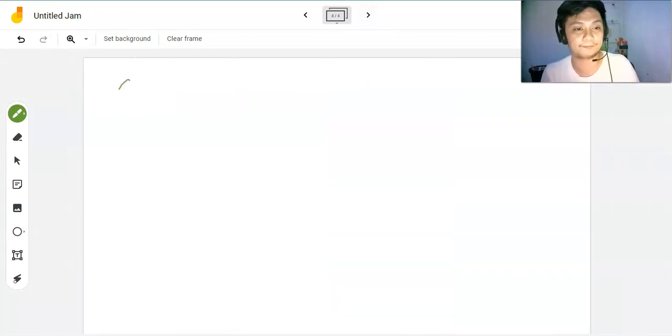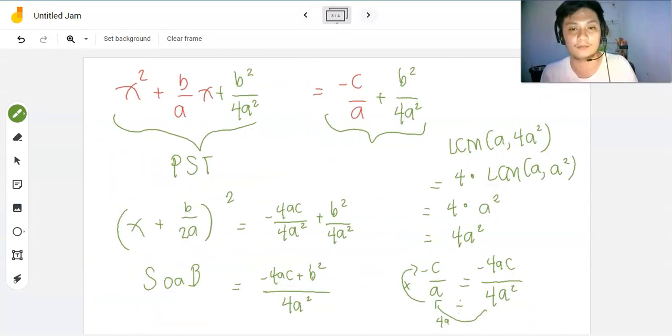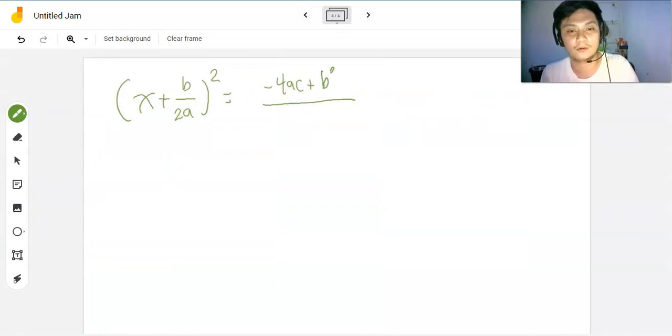So, we have x plus quantity b over 2a, quantity squared, is equal to negative 4ac plus b squared, all over 4a squared.